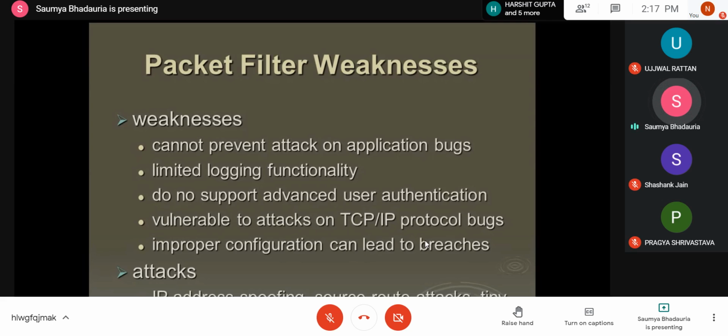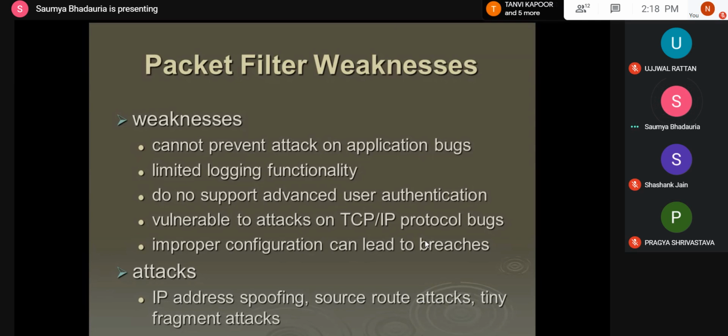Normally, your packet filtering firewall works on the concept that you only find out the source address and the destination address, and you're not considering the route which your packet is following.